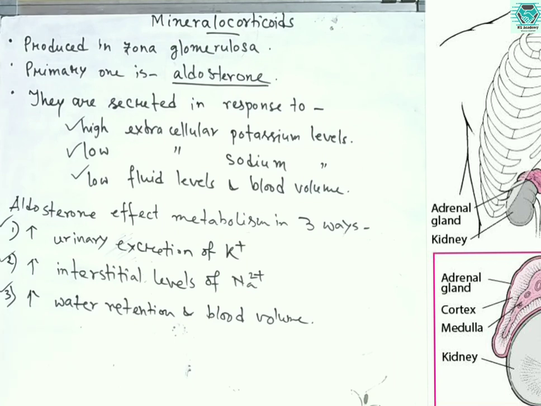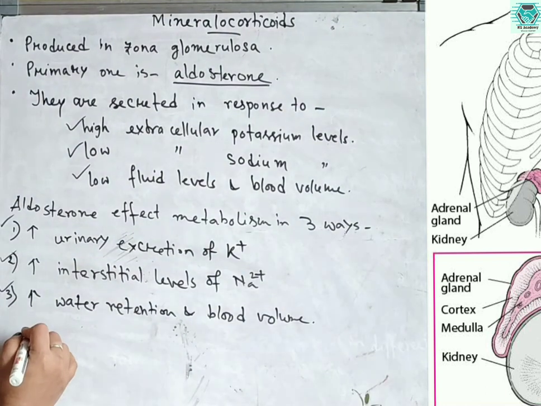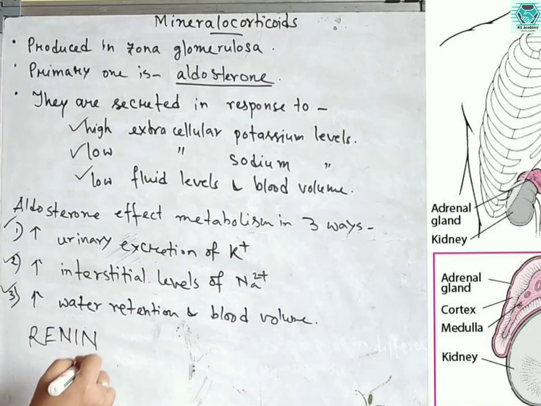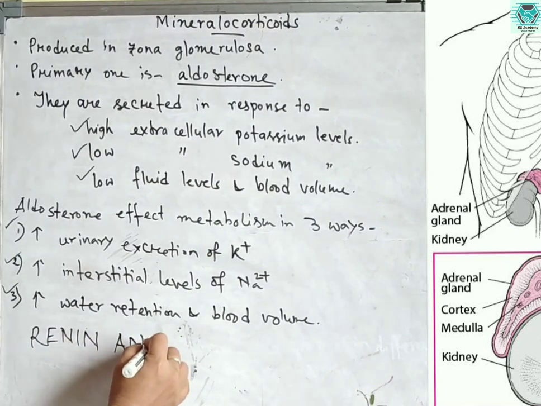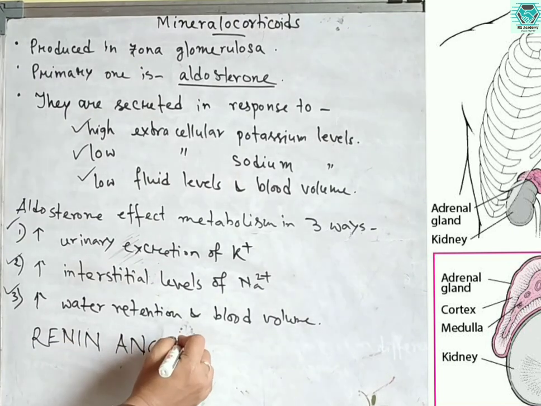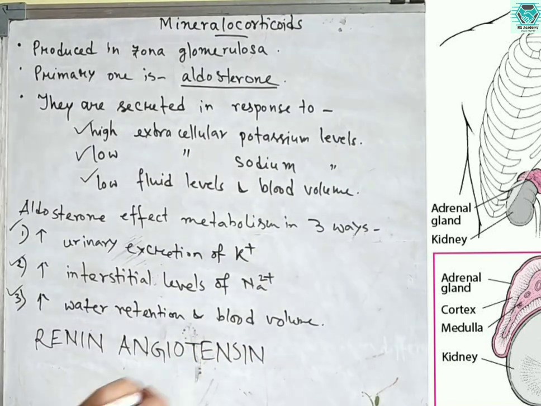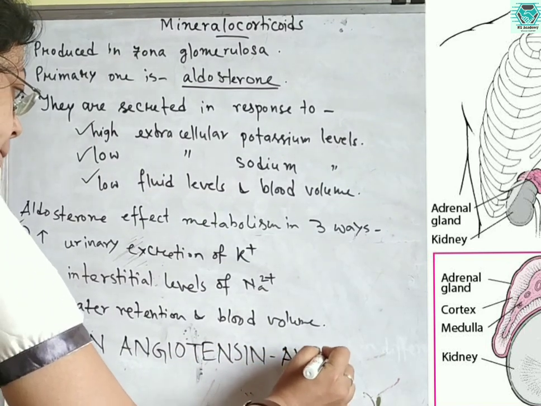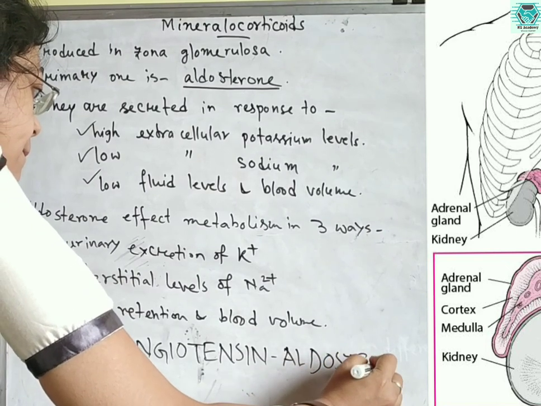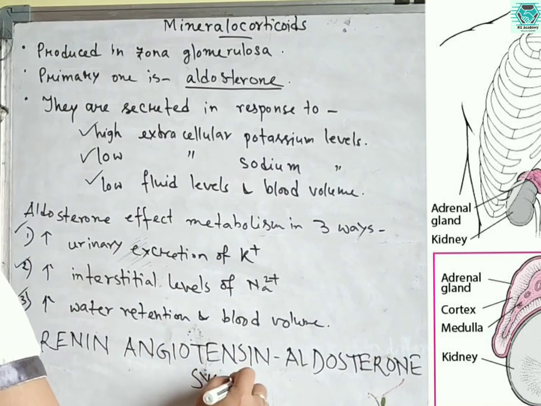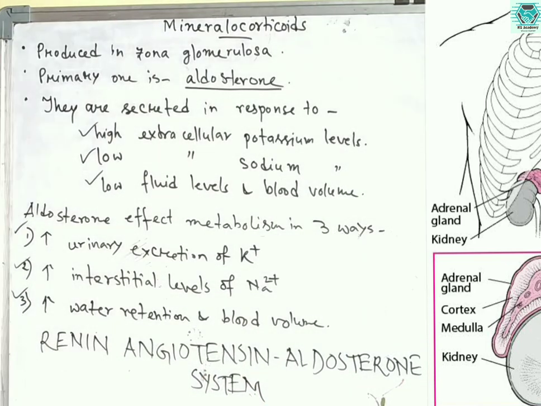In the diagram we can see the presentation of the whole system, and this system is known as the renin-angiotensin-aldosterone system.